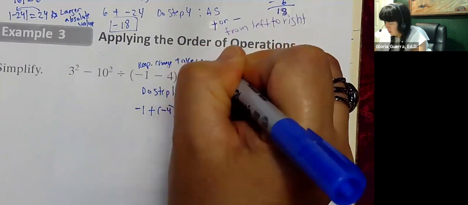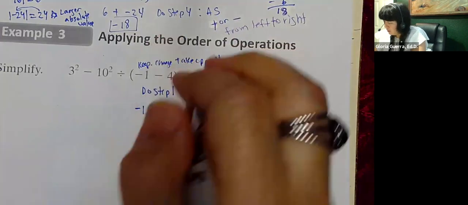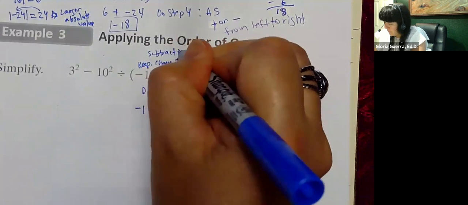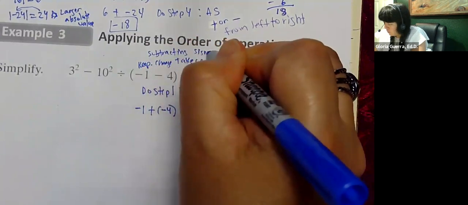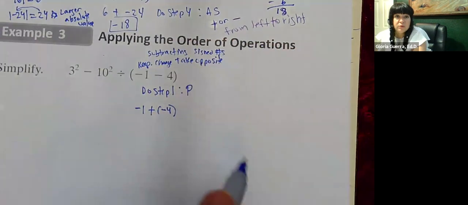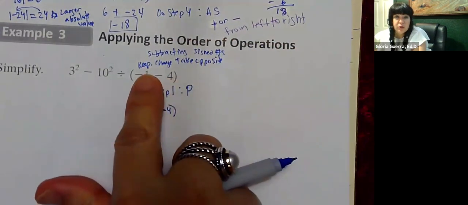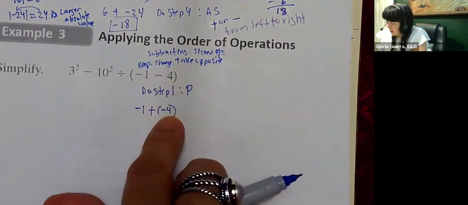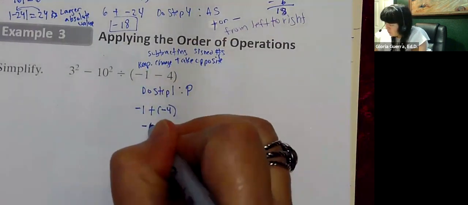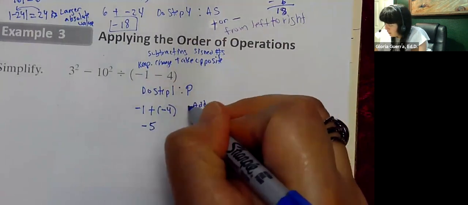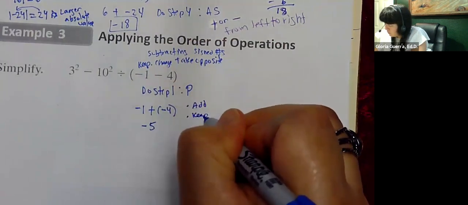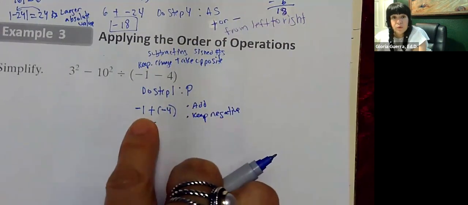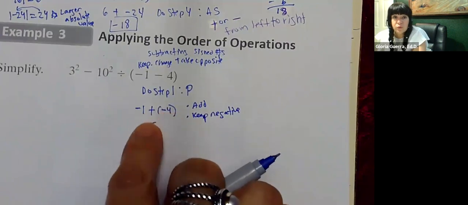When you're subtracting signed numbers, keep, change, take the opposite. So negative 1 plus, take the opposite, negative 4. And that gives you a negative 5. So here you add and you keep the negative. You owe somebody 4, you owe somebody 1, you owe a total of 5.